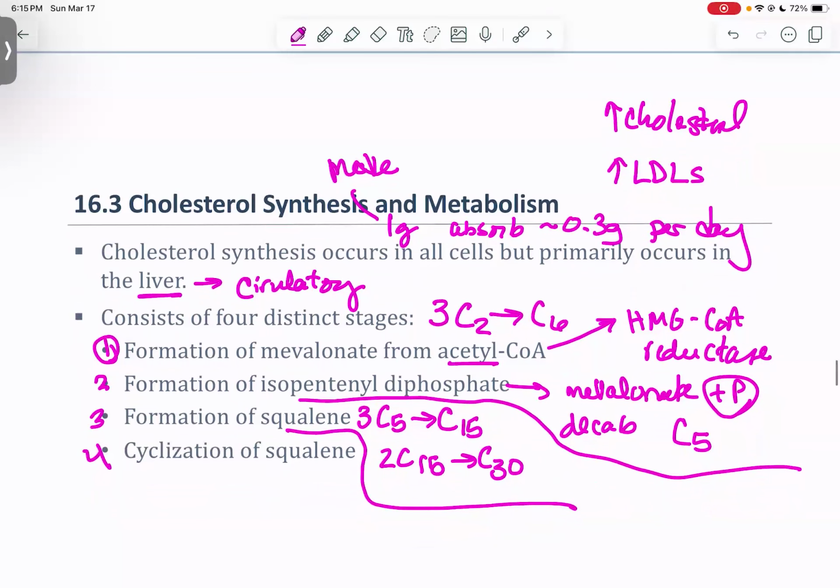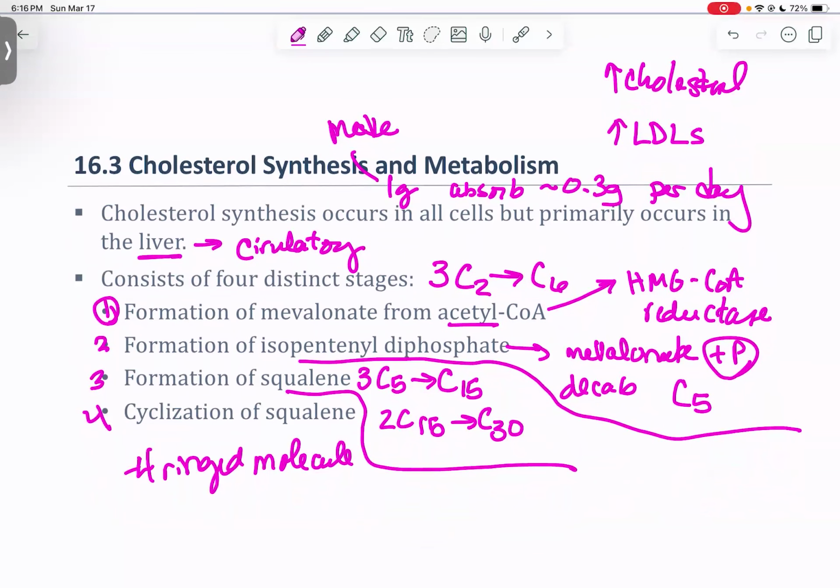Then the last step, step 4, is the cyclization of squalene, where we end up with a 4-ringed molecule. We're going to remove 3 methyl groups, and you're going to end up with cholesterol, which is C27. So you can kind of keep track of the carbons that way.